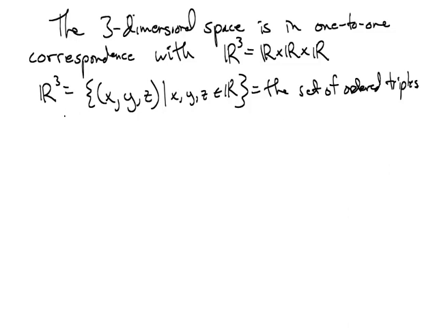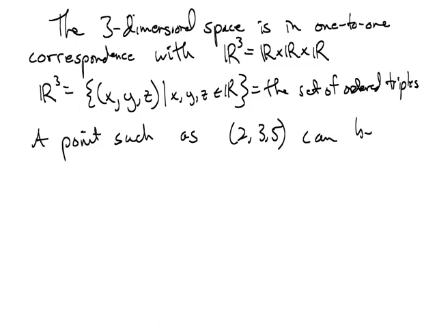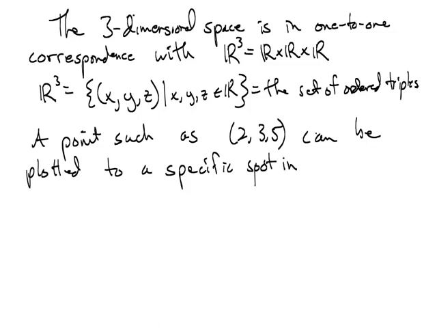So put it very simply, if you give me a point such as, oh, I don't know, 2, 3, 5, that can be plotted to a specific spot in, well, we'll say in three-dimensional space, 3D space.